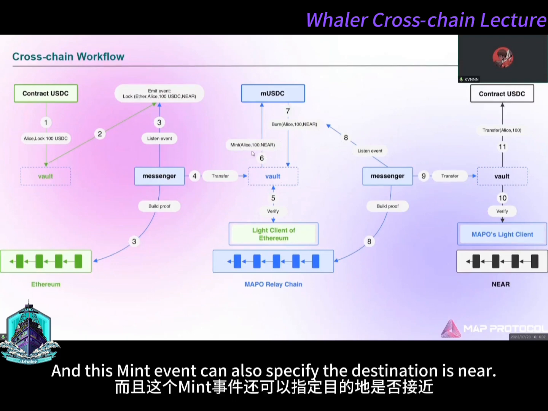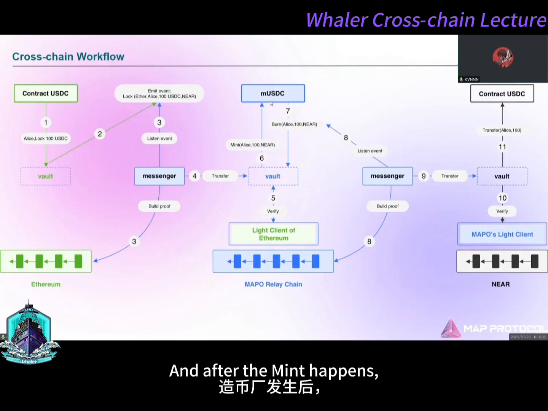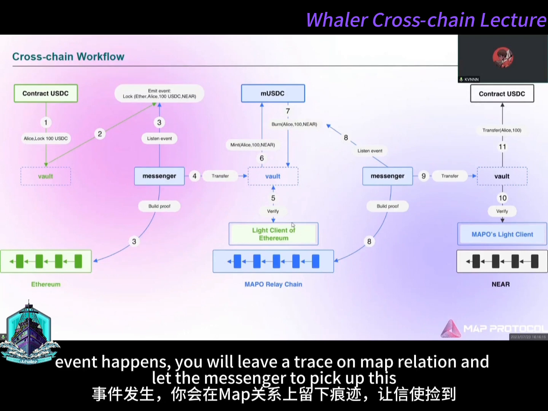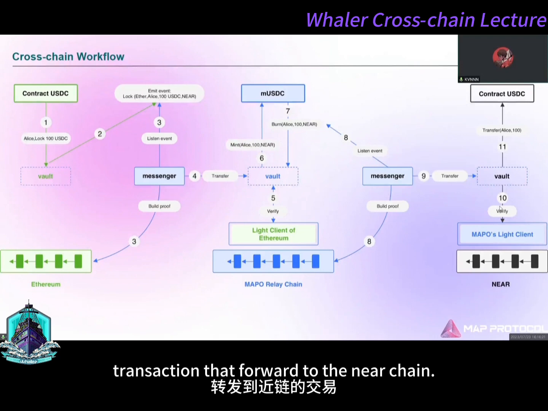And this mint event can also specify that the destination is Near. After the mint happens, it is followed by another burn event, because after the burn event happens, you will leave a trace on the Map relay chain and let the messenger pick up this transaction and forward it to the Near chain.